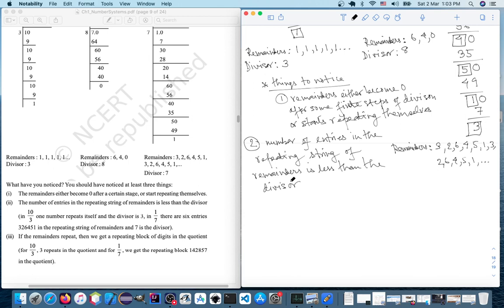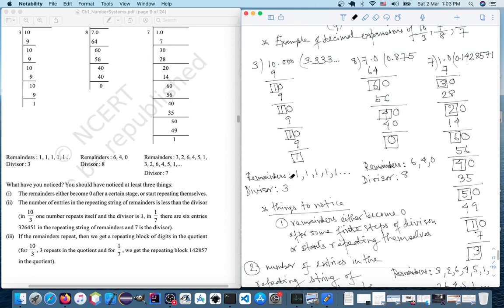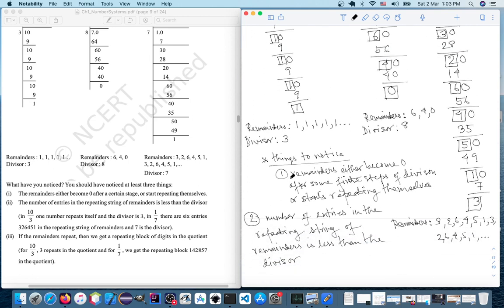It means for the first one, the number of digits in the repeating string of remainders is 1.